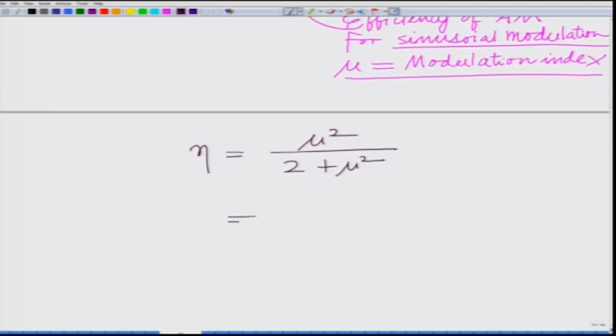I can write this as 1 minus 2 over 2 plus mu squared.